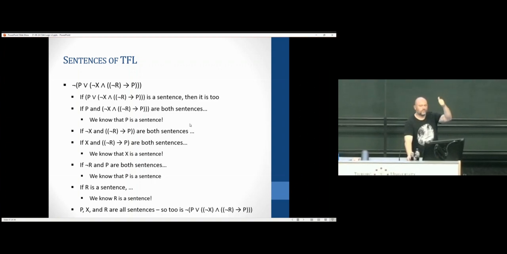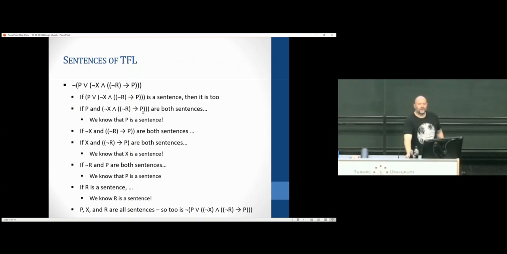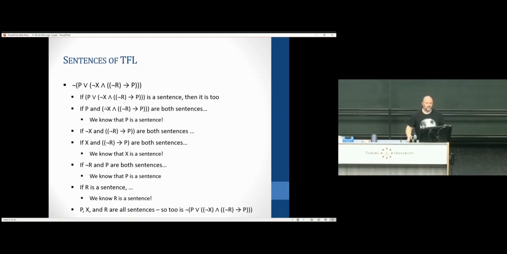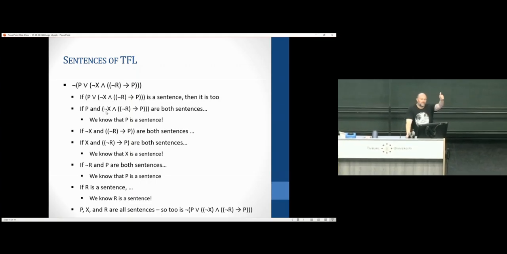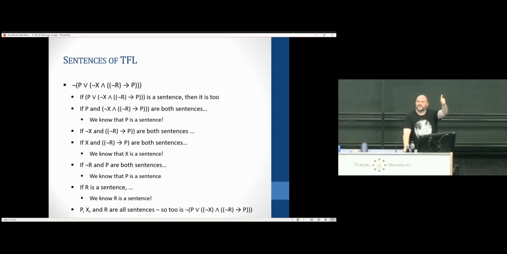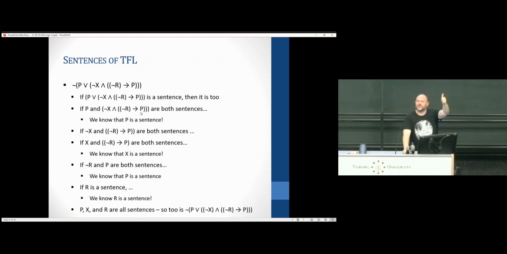Now, how about in here? Let's look at this part. Here we hit our one exception. Put a finger up. Oh, we hit the negation. Is the negation the main operator here? No. What's the main operator of this sub-sentence?